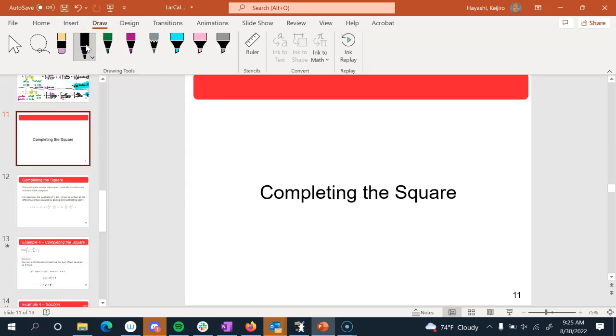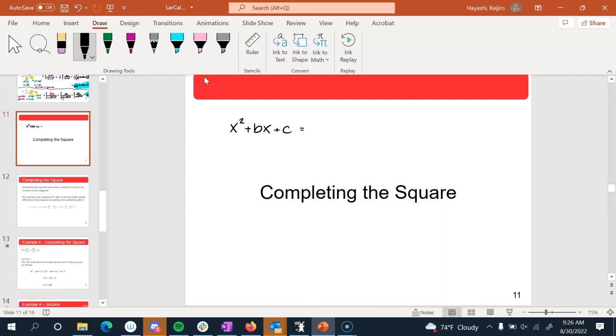Okay. All right. So assuming that you start off with some sort of quadratic expression of the form x squared plus bx plus c, the way that you can complete the square is there's a single sort of magical number that you can add to this expression.